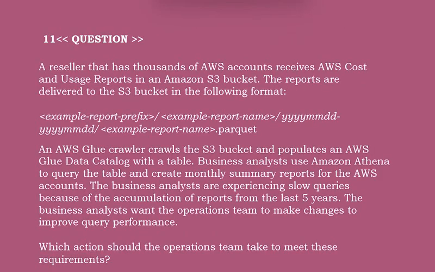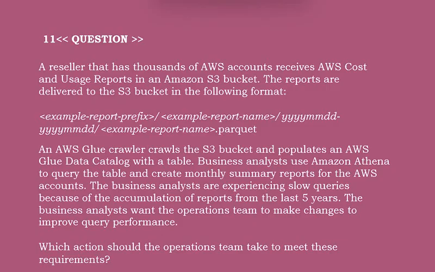Question is a reseller that has thousands of AWS accounts receives AWS cost and usage reports in an Amazon S3 bucket. The reports are delivered to the S3 bucket in the following format. An AWS Glue crawler crawls the S3 bucket and populates an AWS Glue data catalog with a table.